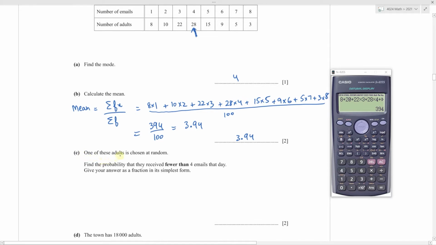Part C is one of these adults is chosen at random. Find the probability that they received fewer than 4 emails that day. Give your answer as a fraction in its simplest form.